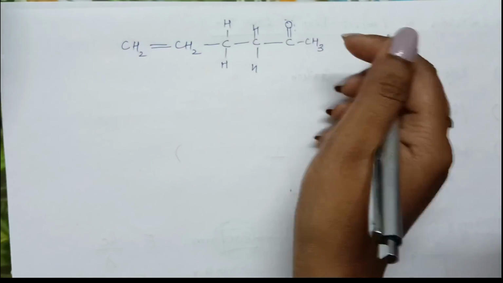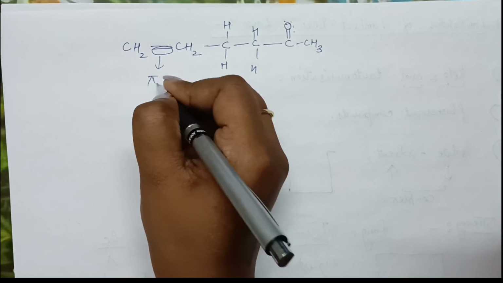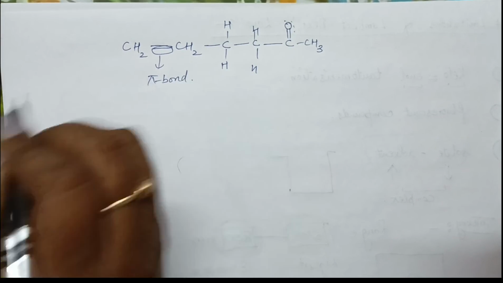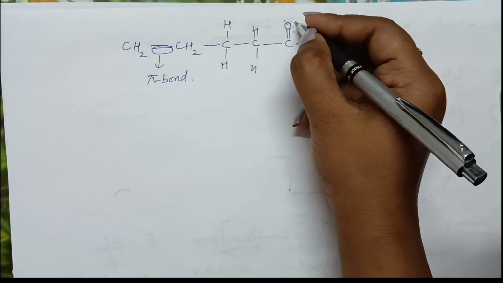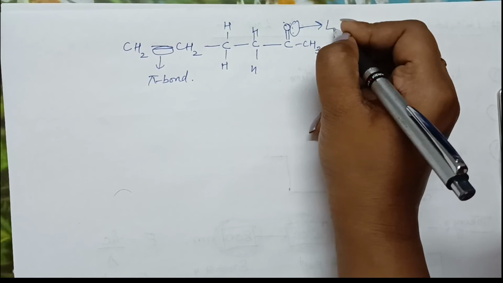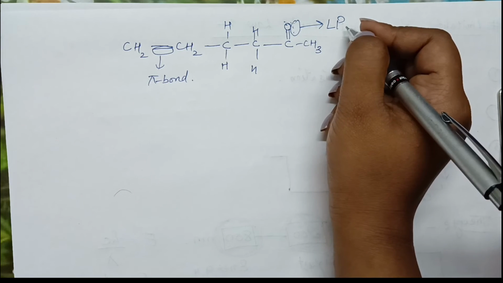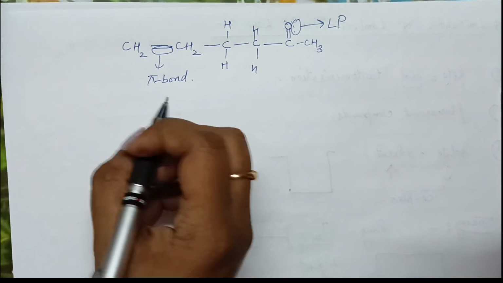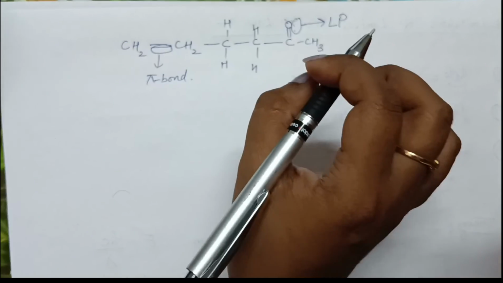In this molecule, if we look closely, we have a pi bond, and we also can see the lone pairs. So the molecule has sigma bonds, pi bonds, and lone pairs as well.